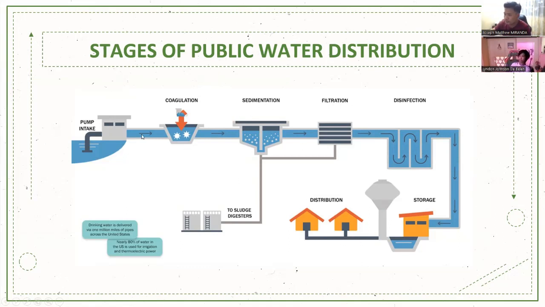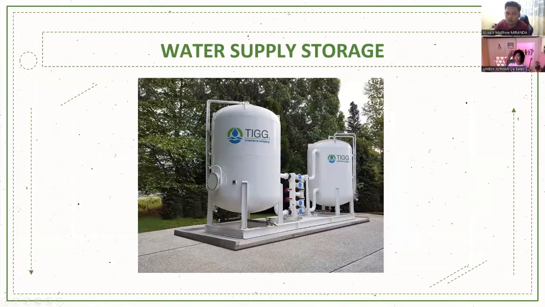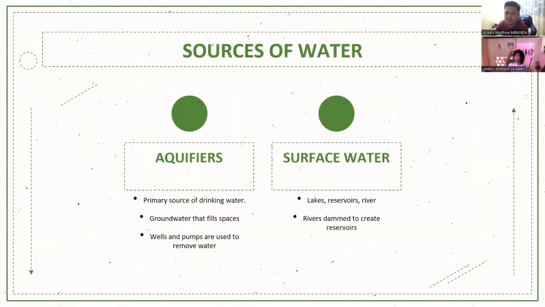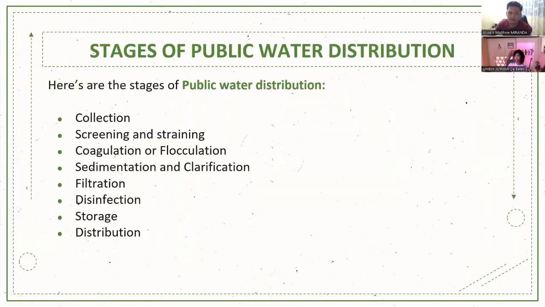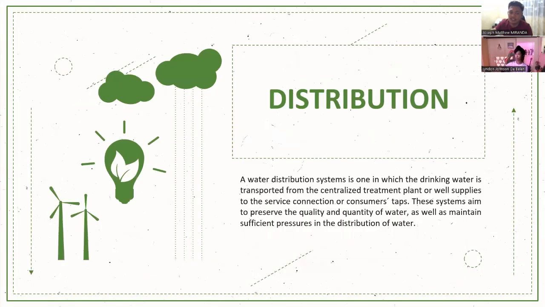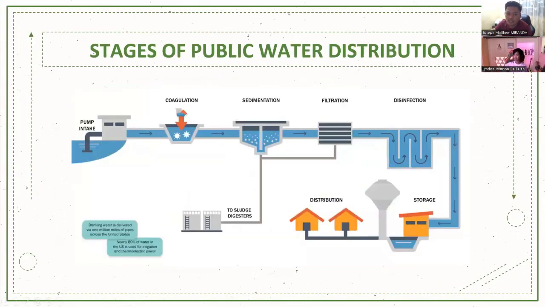So nakikita natin ganun ang daloy. Kasi sa una pa lang, ang process niya is collection, screening, straining. Ito yung pump intake sa collection, tapos coagulation and flocculation, sedimentation, clarification, filtration. So makikita natin yan sa dulong slide na yung pinakabuong process ng pangyayari sa tubig.